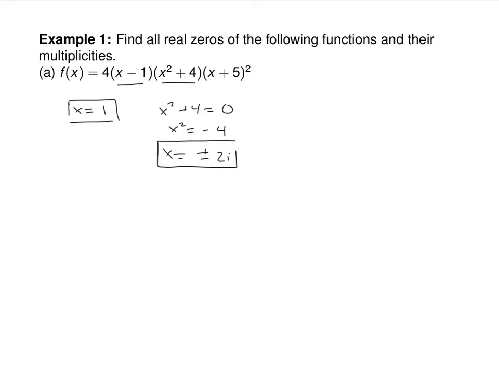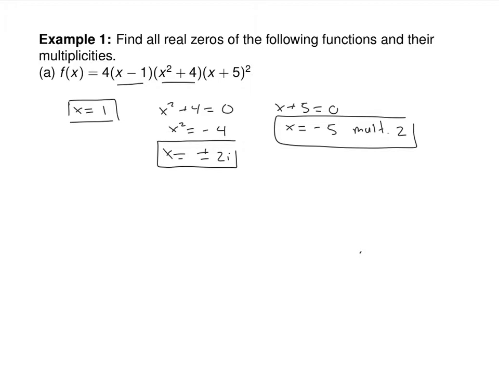And those don't occur more than once either, right? How about from the x plus 5? What's the zero there? Minus 5. And that has multiplicity 2. So in my opinion, you'll need to state the multiplicity of a zero if it actually happens more than once. Does that idea make sense?